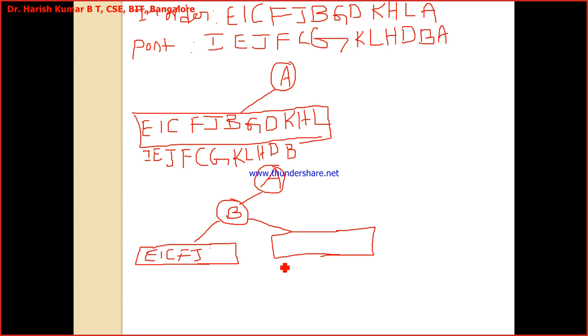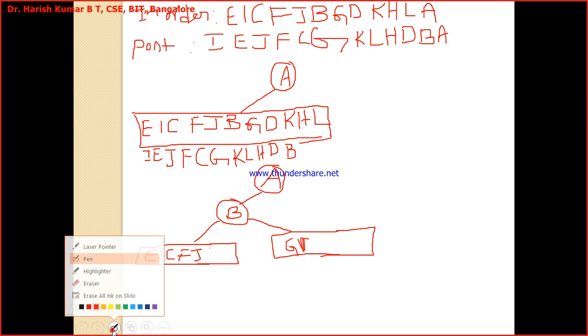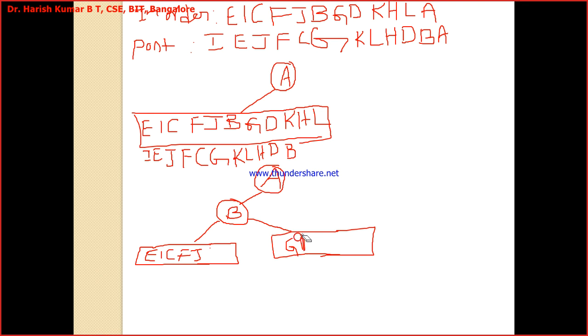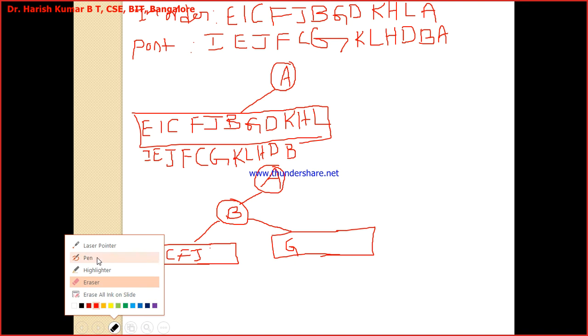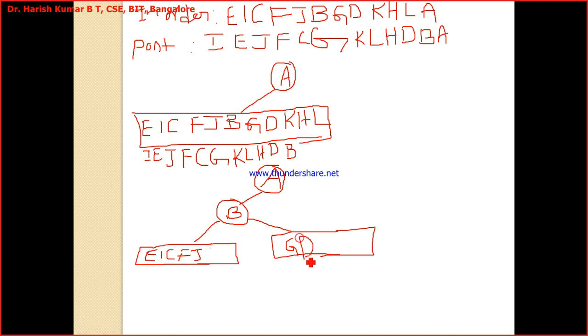G, D, K, H, L. So G, D, K, H, L take the position as the right subtree of B.